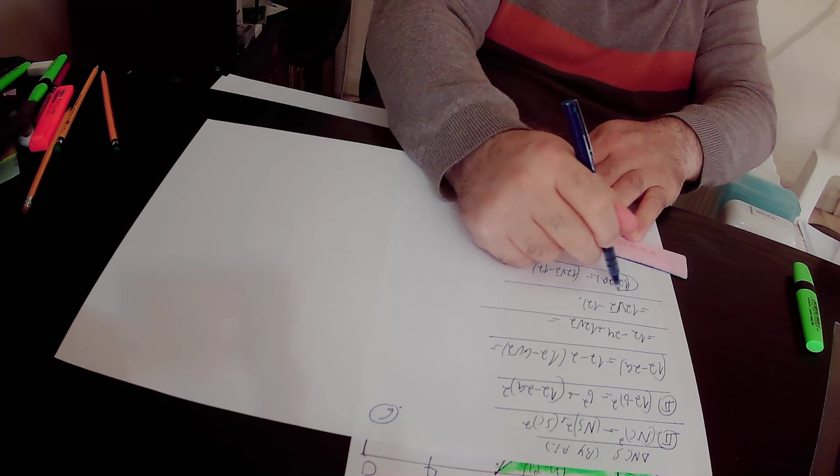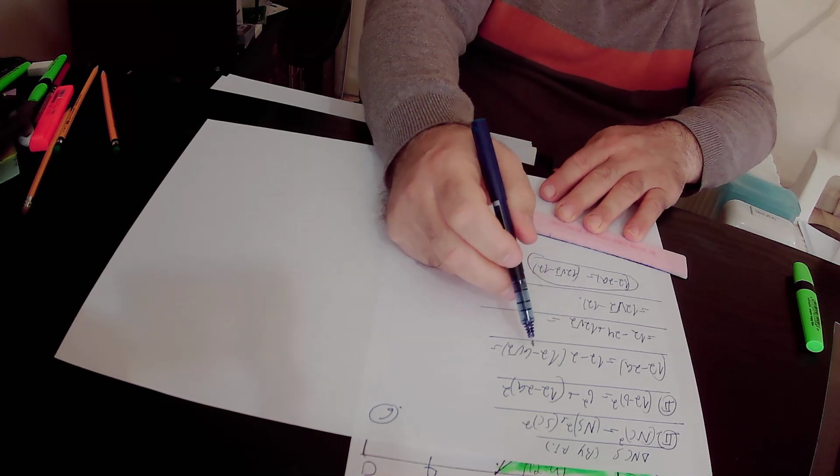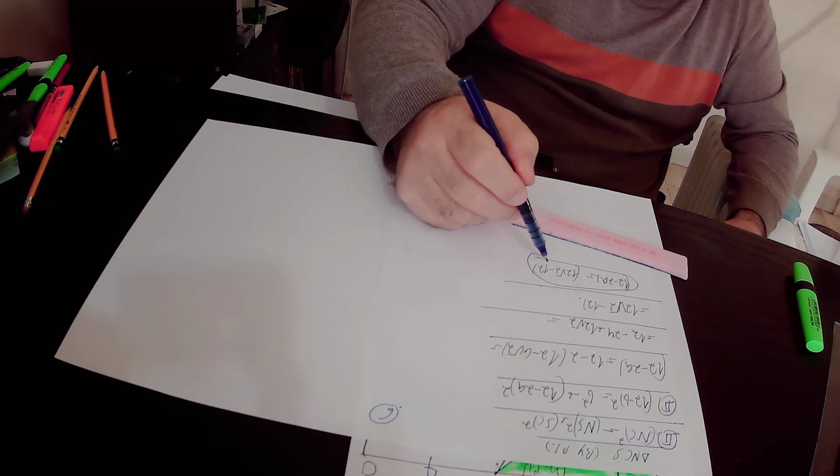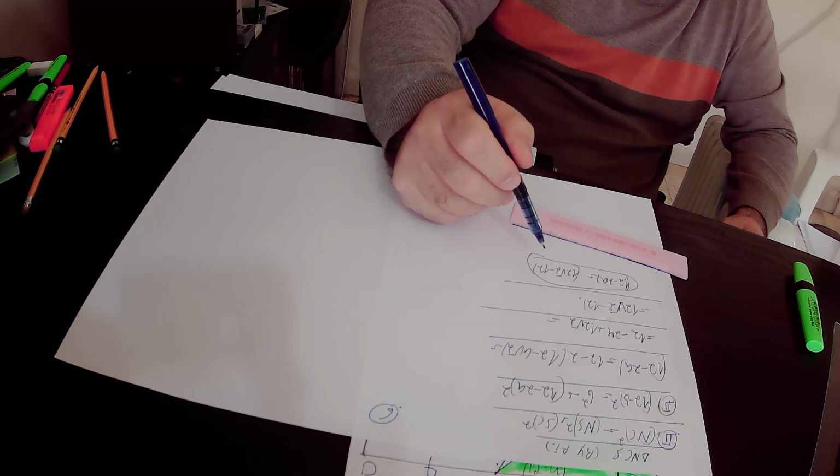So here we can substitute 12 minus 2a in equation number 2 by 12 times square root of 2 minus 12, because they are equal to each other.